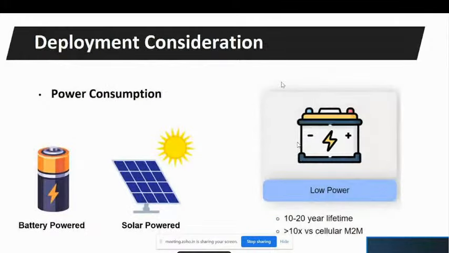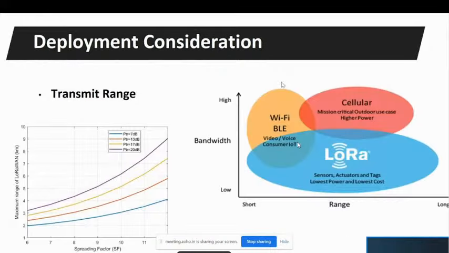Another thing is power consumption, because LoRa has very low power consumption. So most of the devices can be battery powered. Some of the very remote devices can be solar powered, where power is not available. And for other devices, if we have wall power, then we can power them from a wall outlet. Another thing is range. What will be the range?